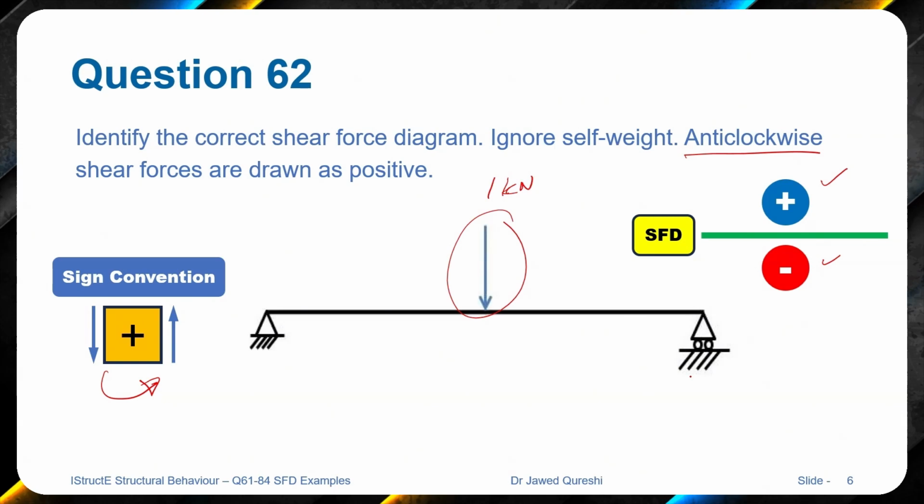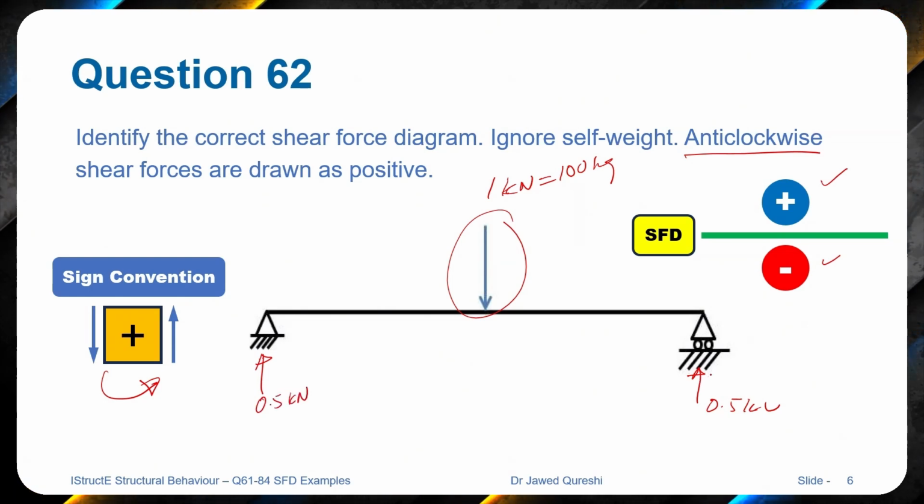So 1 kilonewton is applied. Imagine this is a wooden plank and there is a river bank on both sides. A person is standing, 100 kg, which is 1 kilonewton, and the load is going to be distributed equally over here, this will be 0.5 kilonewton, and again here it will be 0.5 kilonewton.